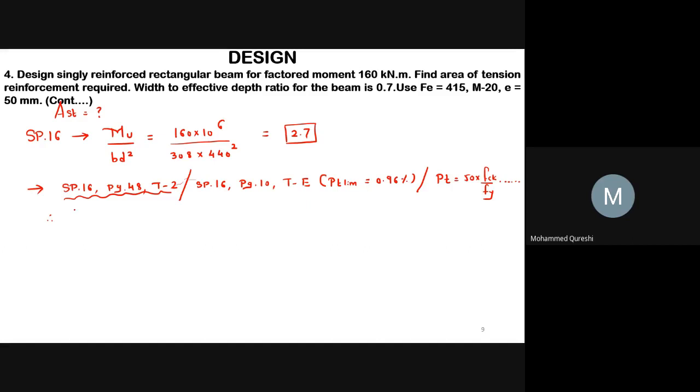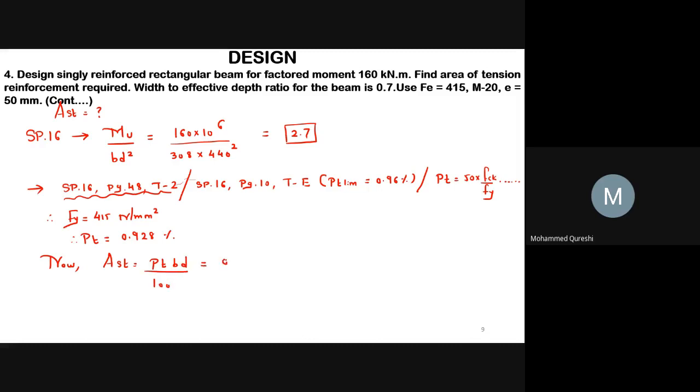So for Fy equals to 415 Newton per mm square, you will get the value of PT as 0.928%. And as we know that capital AST equals to PT bD by 100.